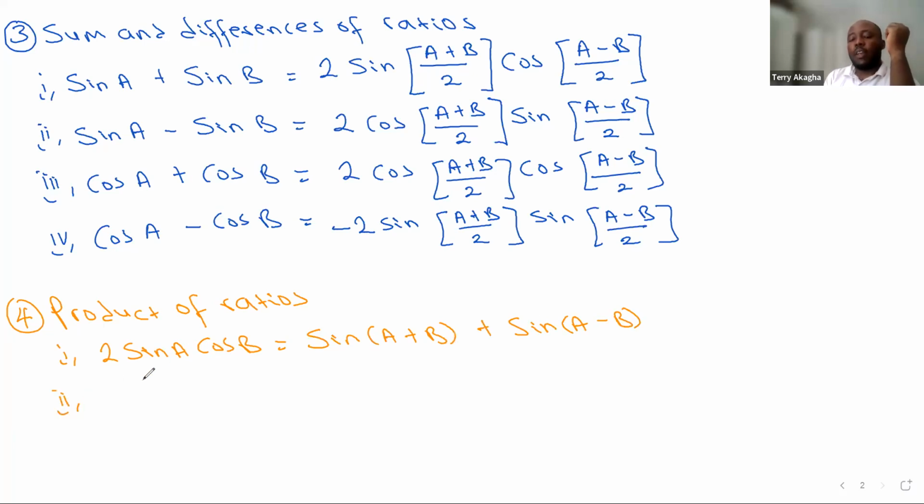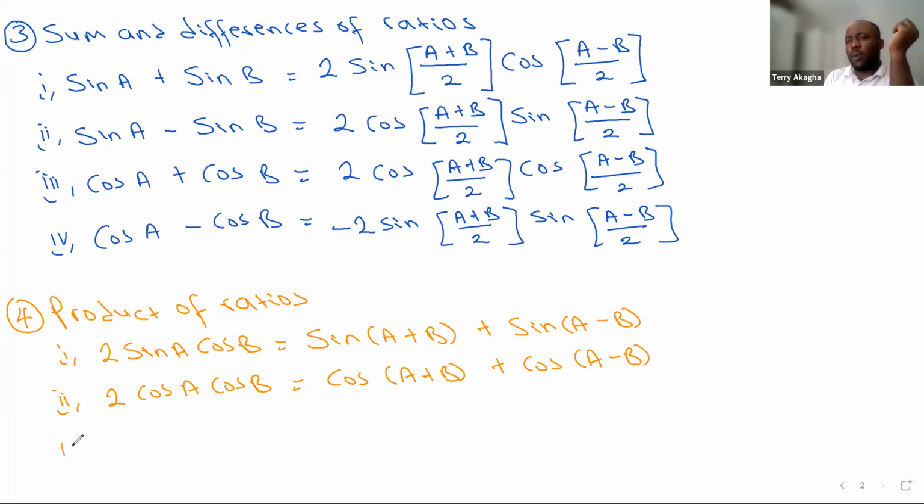And the next one, 2 cos A cos B, will be equal to cos (A plus B) plus cos (A minus B).